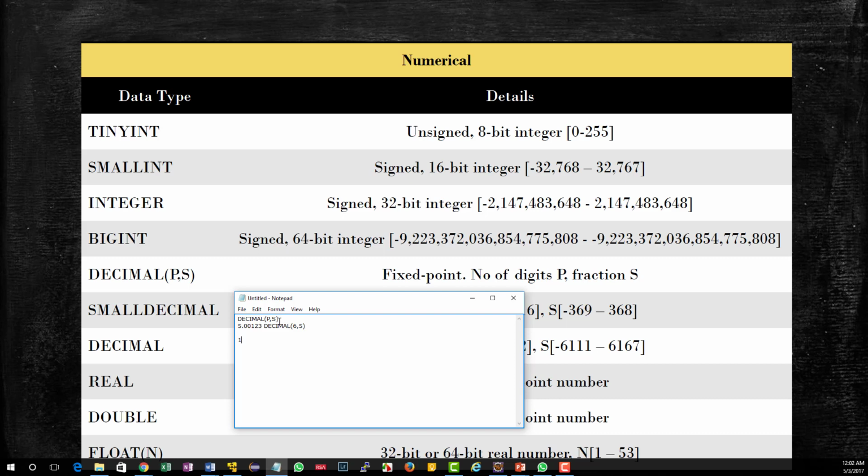Similarly, if I have a number 1.234, then it's going to be decimal 4 comma 3, right?